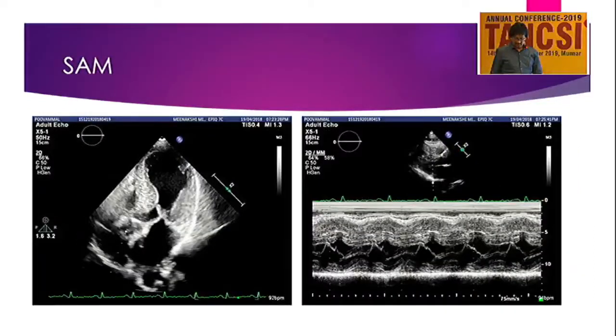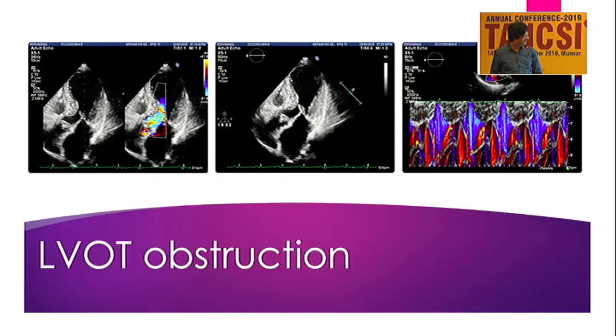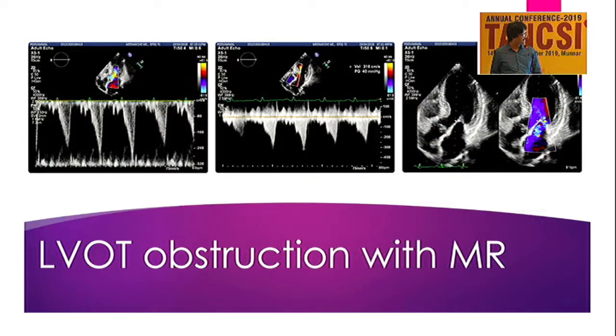You can see there is a SAM, not severe, only a mild SAM in the early part of systole, with turbulence in the LVOT. There is also moderate mitral valve regurgitation. LVOT gradient is around 30 millimeters of mercury.